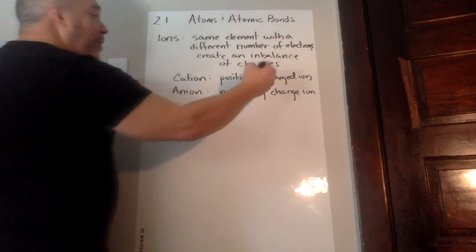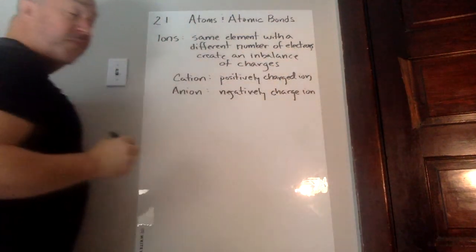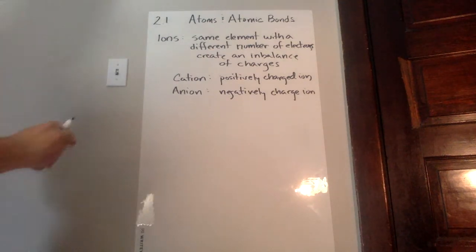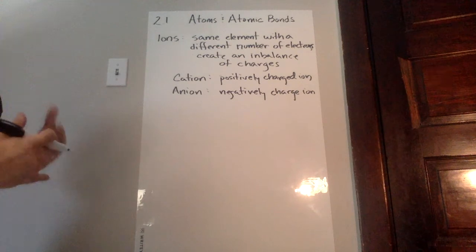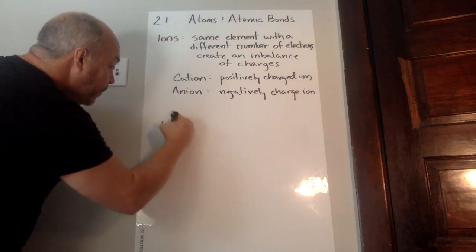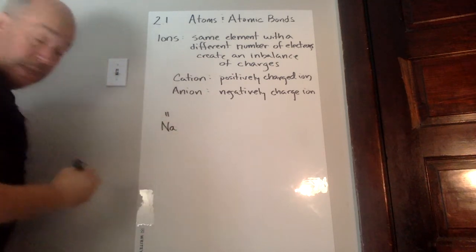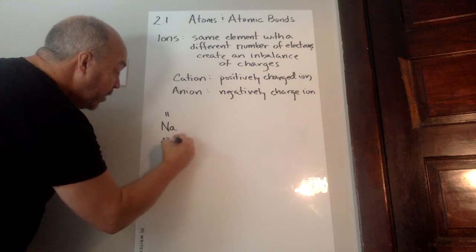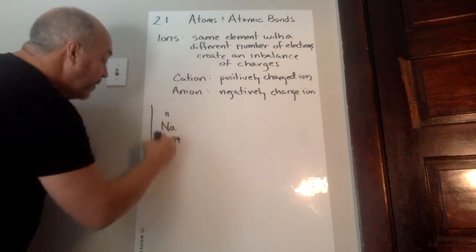And this will happen to a lot of things that are in columns 1, 2, and 7. Now you don't need to remember that, but it's a general trend. So if we were to look at sodium, so sodium in the periodic table is 11, and it has 22.99 as an atomic mass.